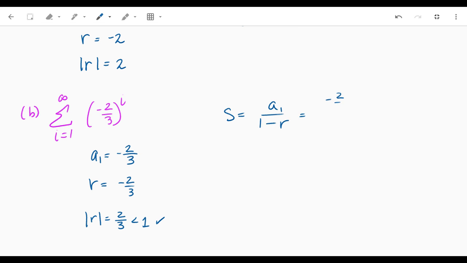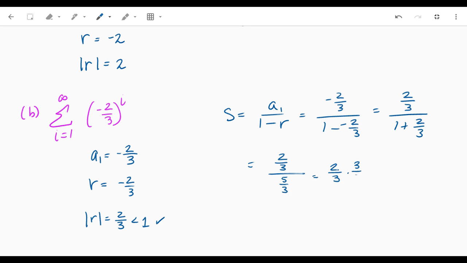So it's negative 2/3 over 1 minus negative 2/3. So 2/3 over 1 plus 2/3, which would be 2/3 over 3/3 plus 2/3, which is 5/3. So 2/3 times 3/5, and your answer is 2/5.